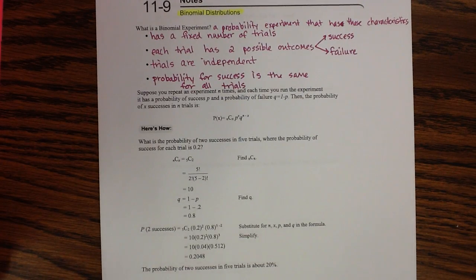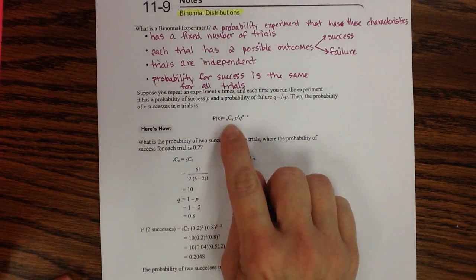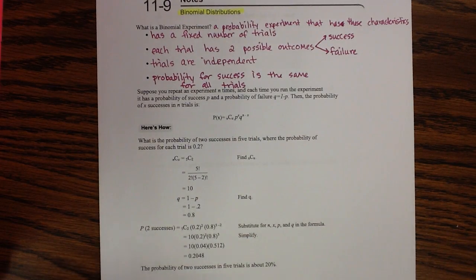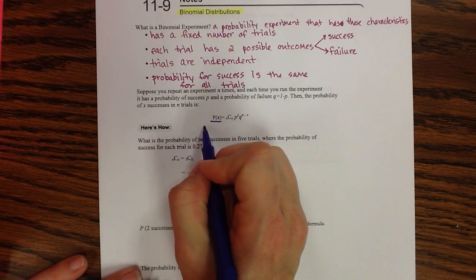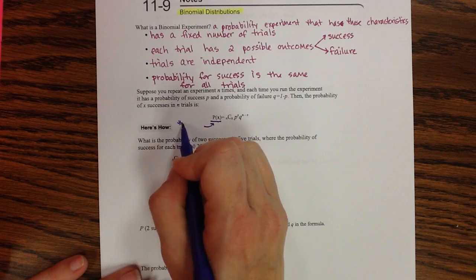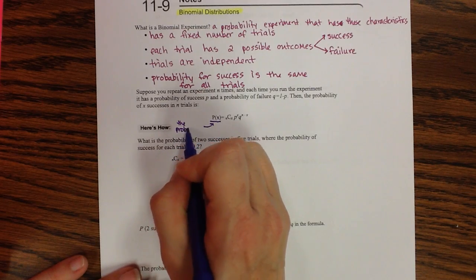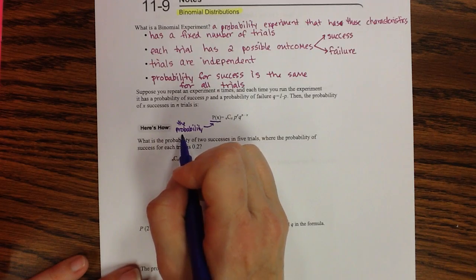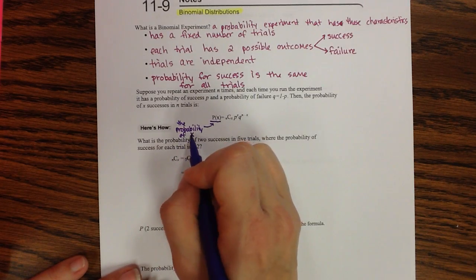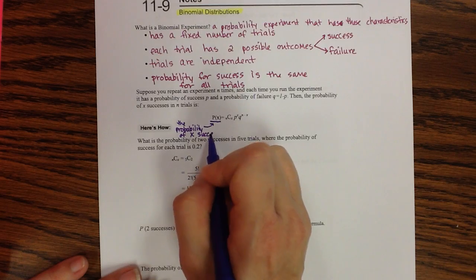So let's look at this little formula right here. I wish it wasn't so small, but I'm going to label what all of these things mean. P of x means the probability of exactly x successes.